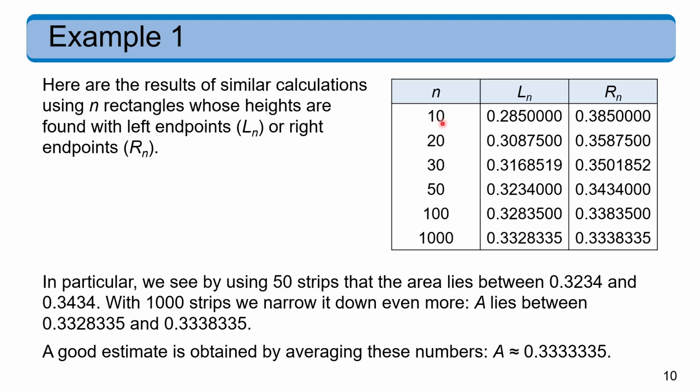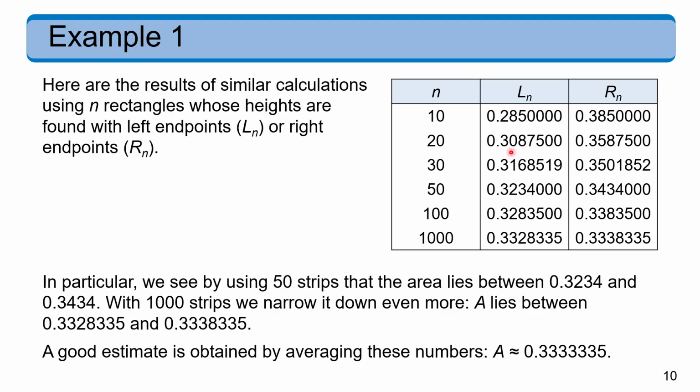But look at each case. So if 10 rectangles were used, that should be better than the one we just did where we only had 8. So now we have the area between these two numbers, around 0.28 to 0.38. When we increase to 20 rectangles and we add up our left endpoint version and our right endpoint version, now it's narrowed down even more.